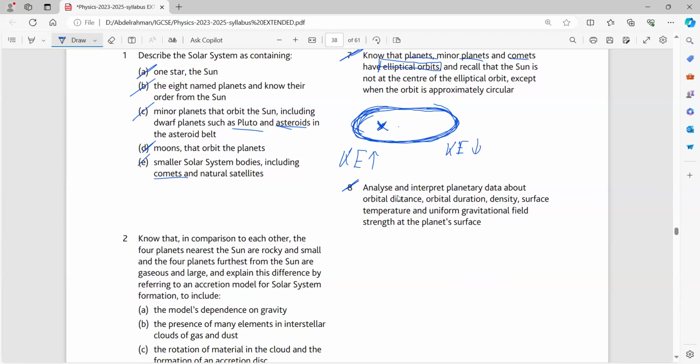And then from this table you can identify the distance of this planet, the orbital duration, the density, the surface temperature, the gravitational field, and then you can start to compare between these different planets.